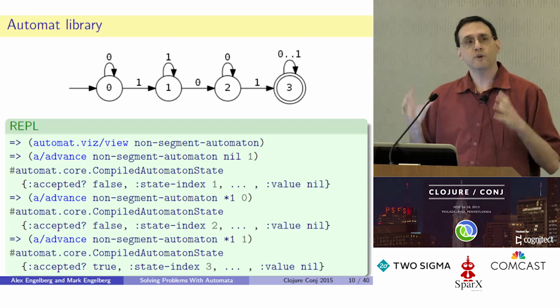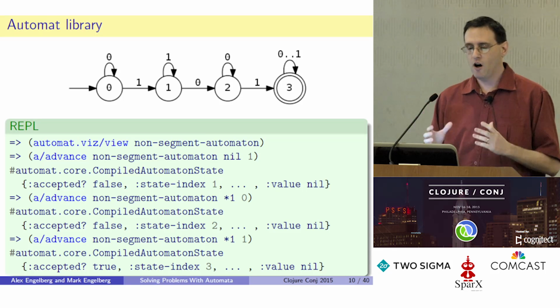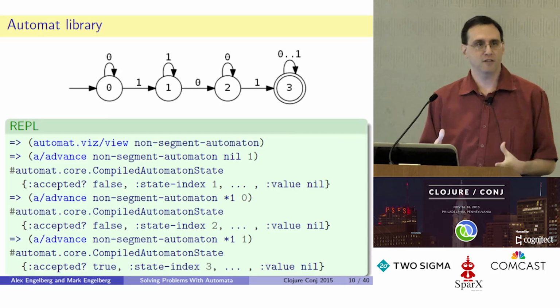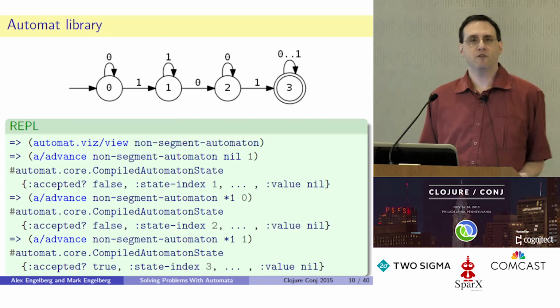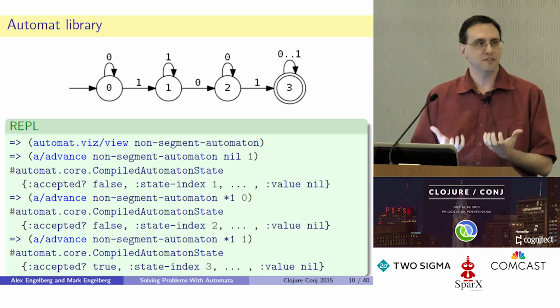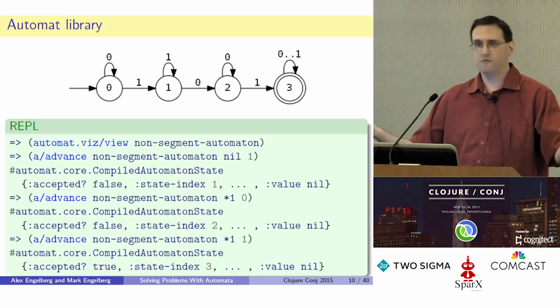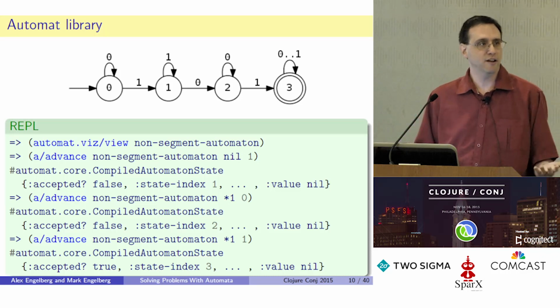The other really key function in the Automat core namespace is this function advance. We're used to thinking of automata as these very stateful entities, but the Automat library embraces the Clojure view of these things as immutable data.